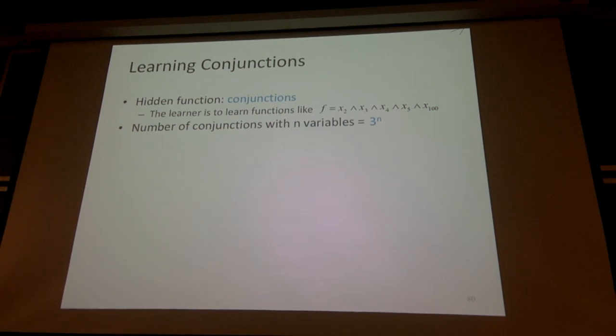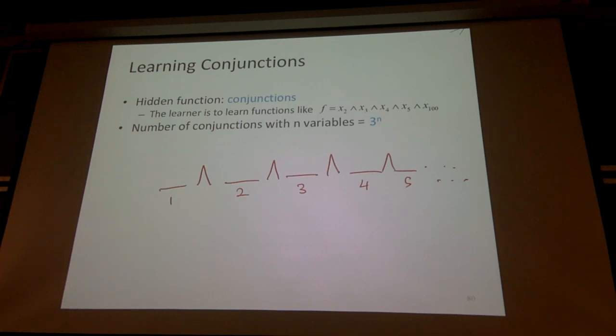The way to think about this is, imagine that we have n slots. We're building a conjunction. This is slot number 1, slot number 2, slot number 3, 4, 5, and so on.